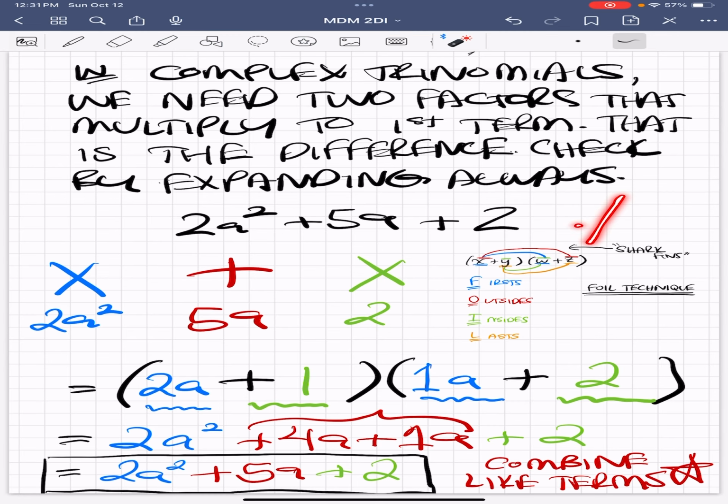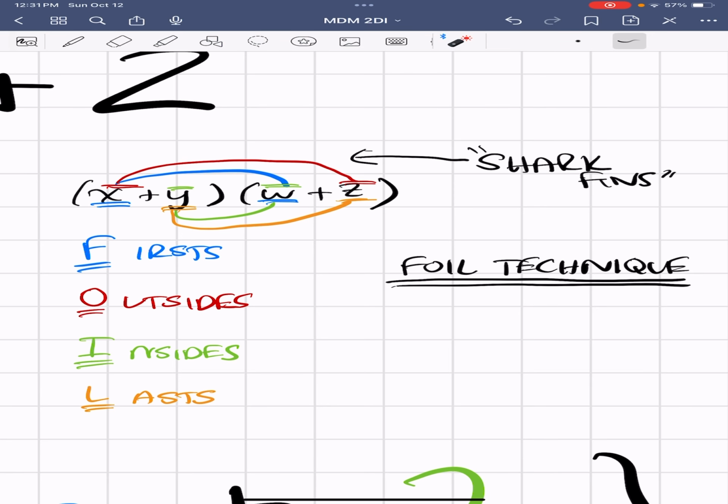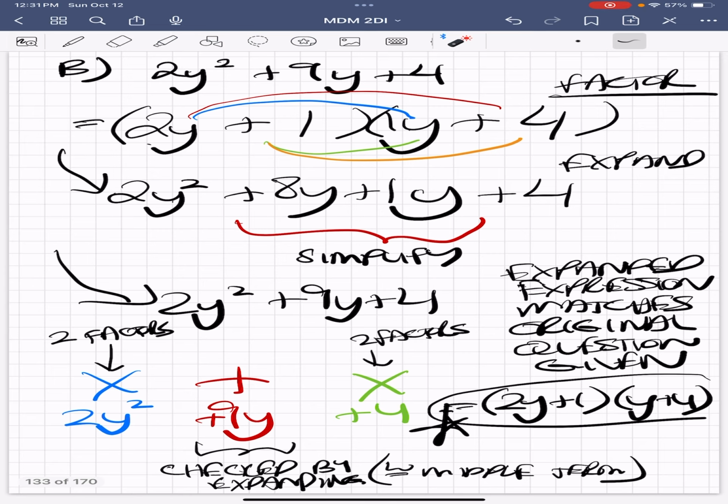We talked about the FOIL technique in terms of expanding out a factored expression to check our work and double check by expanding. Interesting. So we combined like terms a lot, and let's see, we have our answer right here.